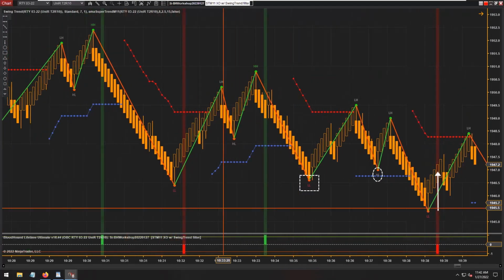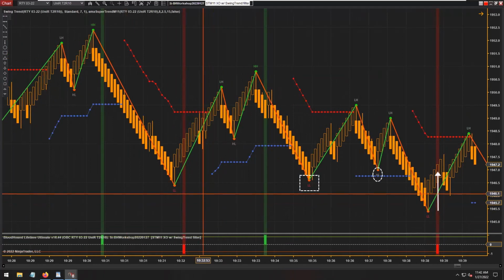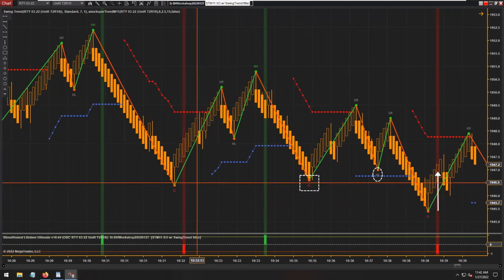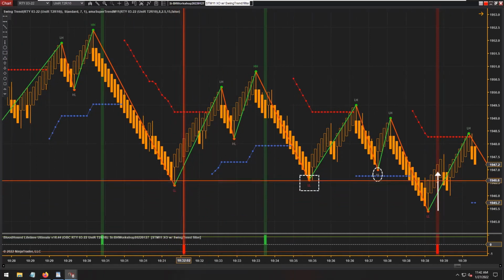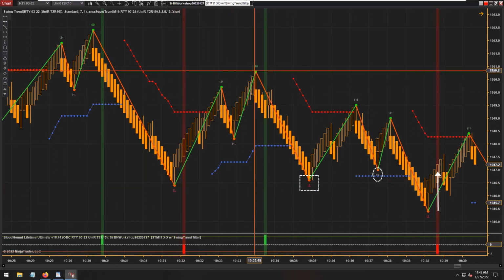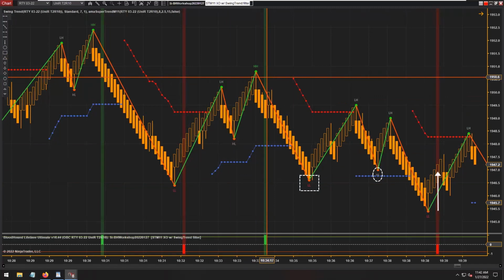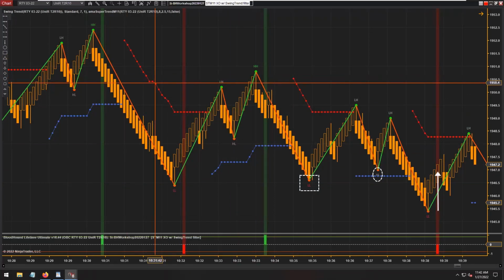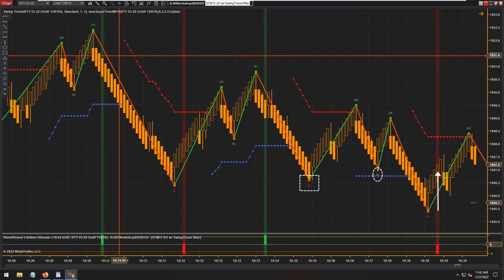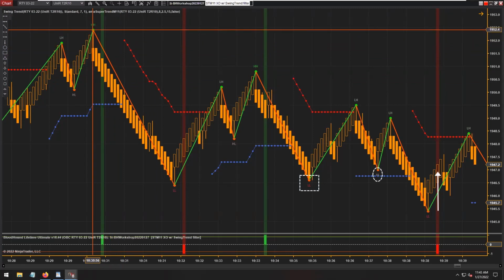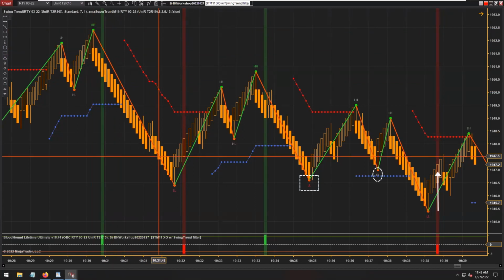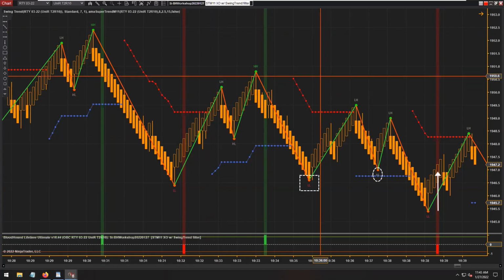So if we look at this, what we just created now are discrete signals when the lower low point is locked in, or when a higher high point is locked in. So we made basically a slightly more constrained or more accurate identification of these higher high points or lower low points.